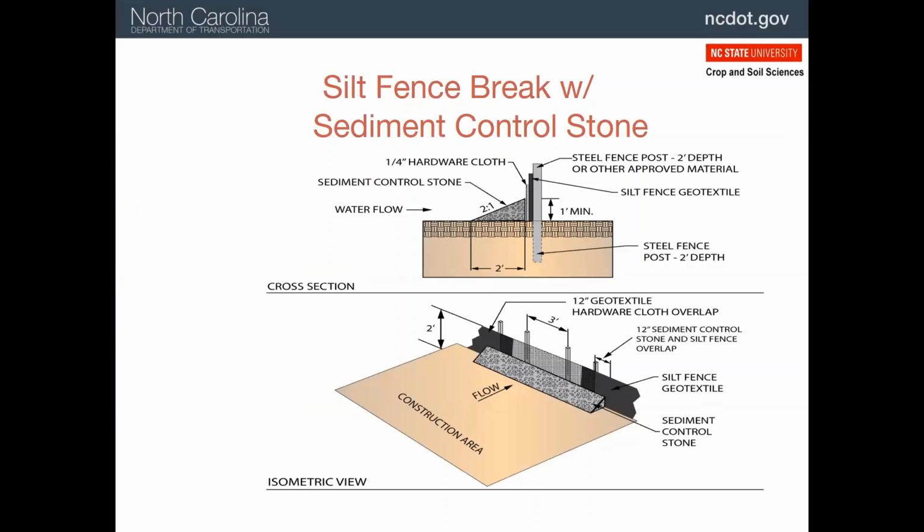The silt fence outlet should be made up of that 4-foot wide hardware cloth, folded in the middle so that 2 feet are flat on the ground and 2 feet go up the posts. The gravel is placed on this to at least a 1-foot depth. Be sure there is sufficient overlap of the gravel on the silt fence to prevent bypass flow.